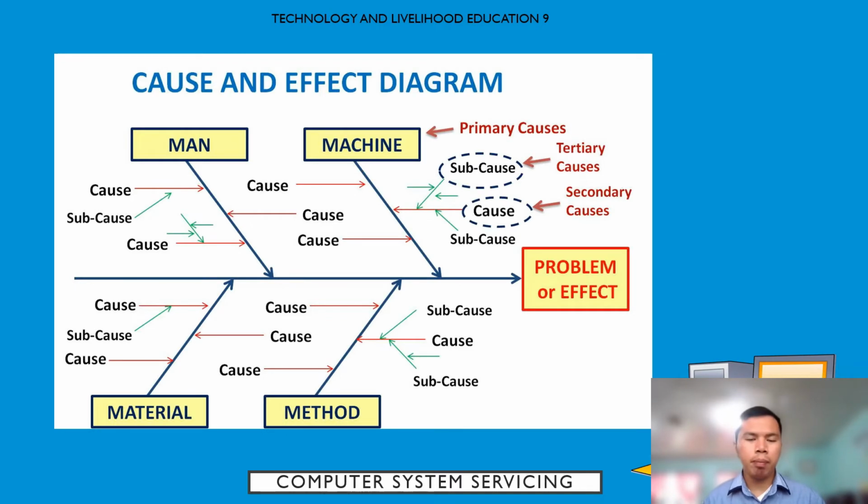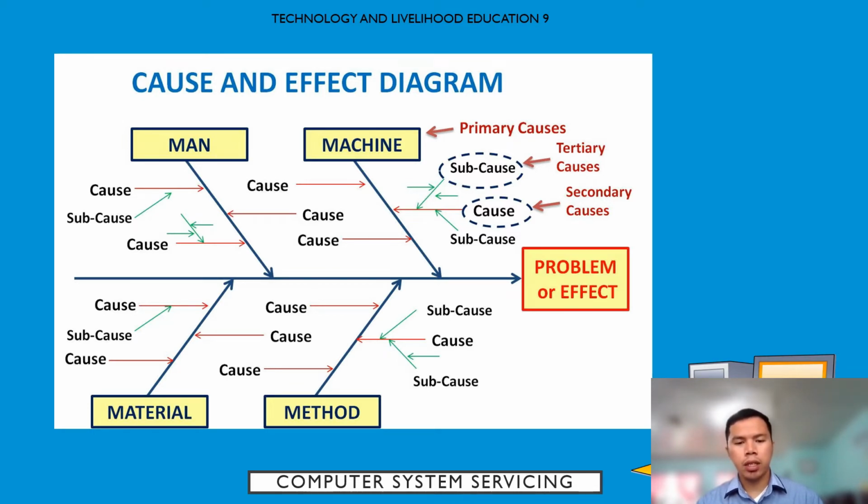So we have an example of a cause and effect diagram. The head of the fish is the problem or the effect. And then the end of the major bones represent each area that may contribute to the problem or the effect.